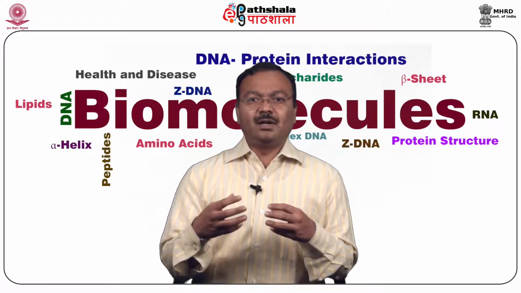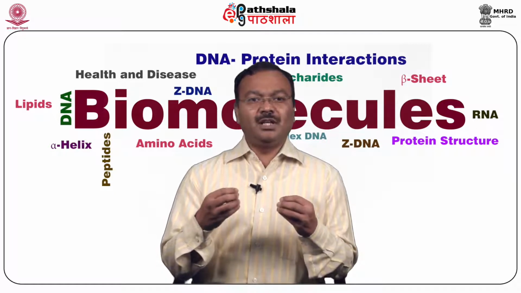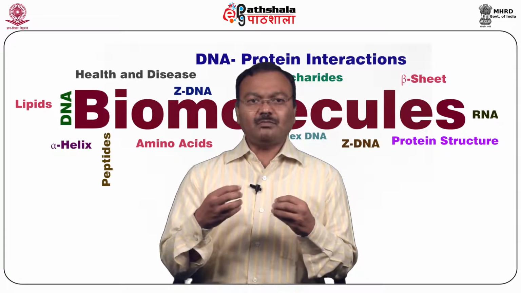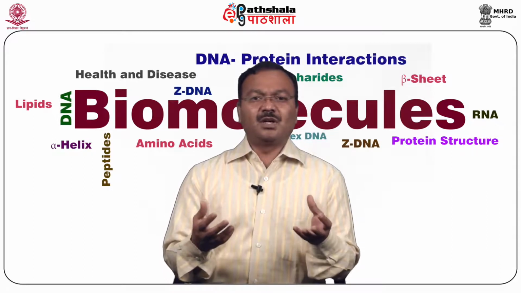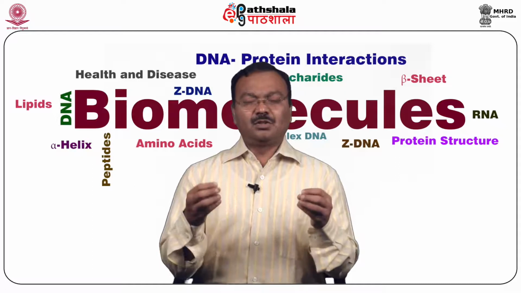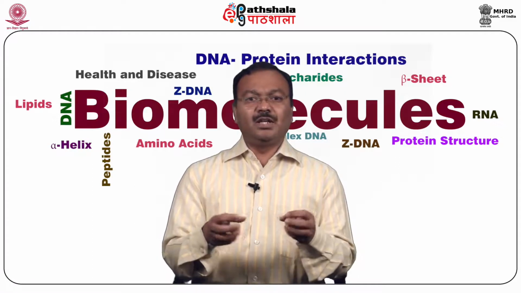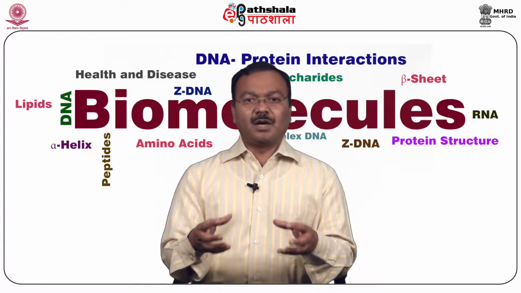If the bond is between two atoms of equal electronegativity, it will be a non-polar covalent bond. A typical example is the carbon-carbon bond, where the two electrons are shared equally between the two carbon atoms.